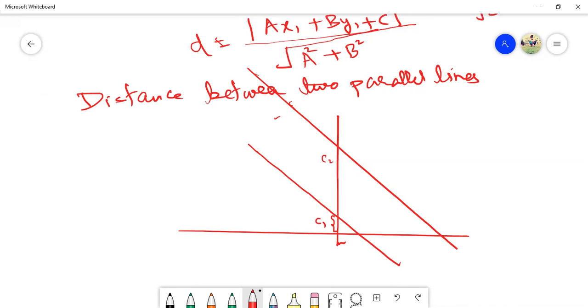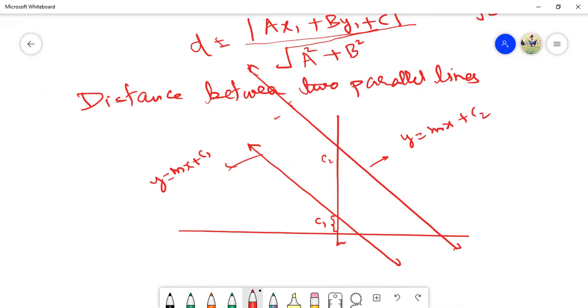So the equation of this line is y = mx + c1, because they make an equal angle with the x-axis, therefore their gradient will be the same. And the equation of this line will be y = mx + c2.